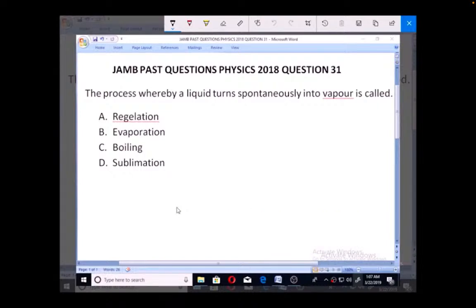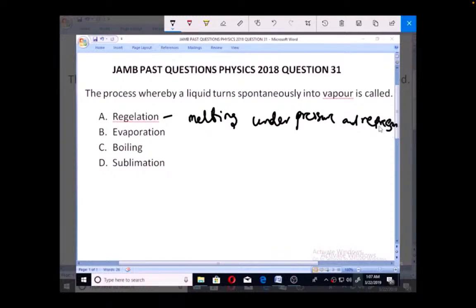For us to get it into context, I'm going to define each of these words. Number one is regelation. What is regelation? Regelation is a phenomenon of melting under pressure. When there is melting under pressure, we call it regelation. And not just melting, there is also refreezing.